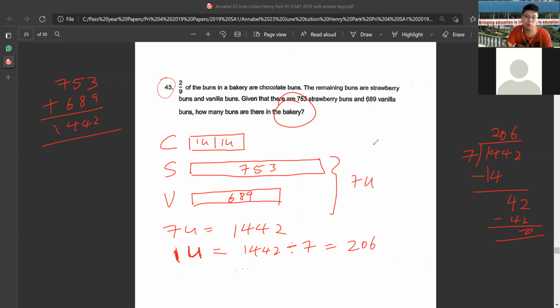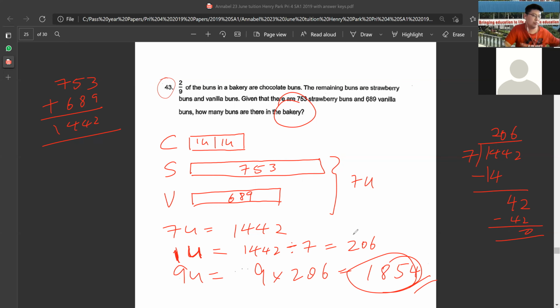The whole bakery has how many units? The answer is very obvious to you already. You see properly? 9 units. Yes, 9 units. 9 times 206. So that's the number of buns in the bakery.